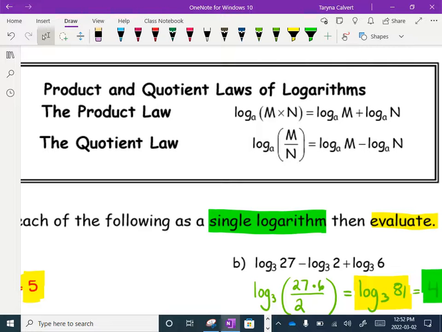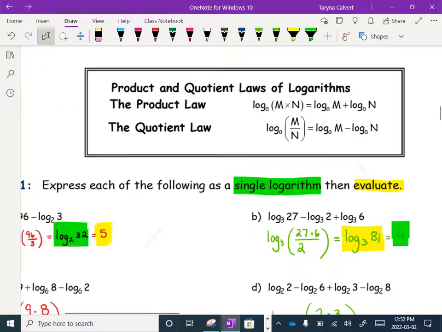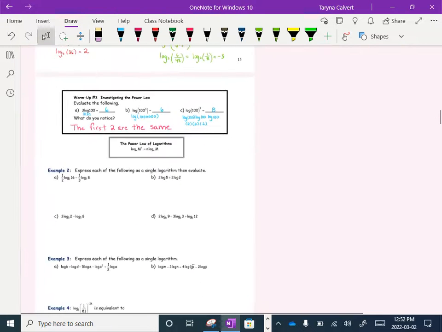Make sense? Do you see with your laws that there's a 1 in front of all the logs? So if you have numbers out in front of the log, you have to use your power law first to get rid of it. Then you can use your product and quotient law to simplify. So let's show you what I mean by that.